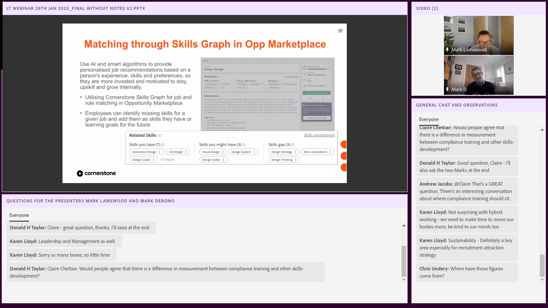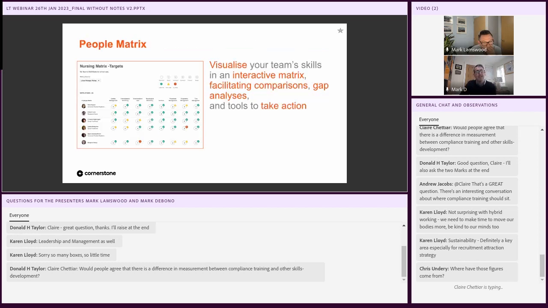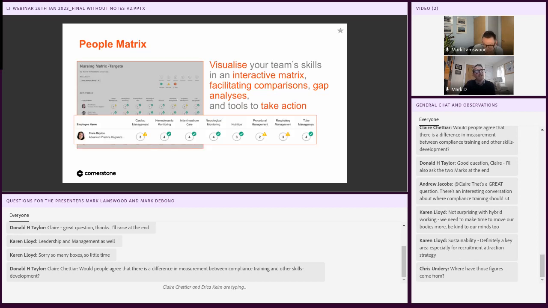Now, if you think about that for your own organization, what you're creating is effectively a route for them to grow their career within your organization using internal mobility and the costs associated with it. If you take a level down, you can visualize this people matrix, where managers can see things like training completion data, which allows you, and the employee, to see who is best qualified for that particular role.